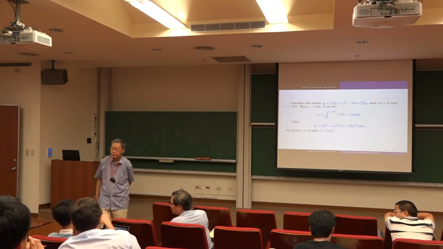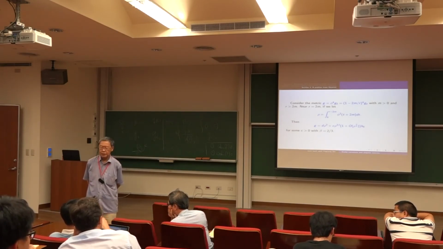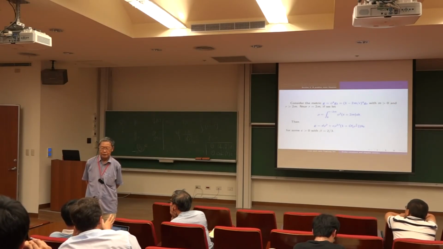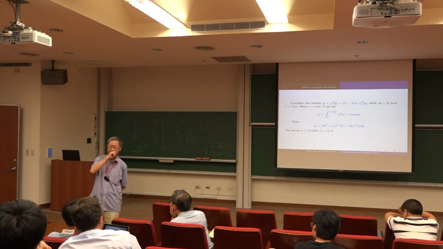When the metric is not continuous, the energy momentum tensor is a delta function or distribution. But you can still put some inequality, positivity condition. So is that helpful locally for positive mass? Well, that is what I want to understand.